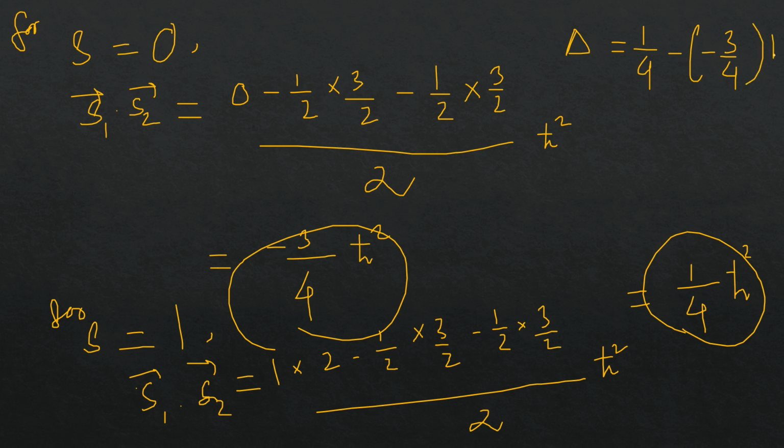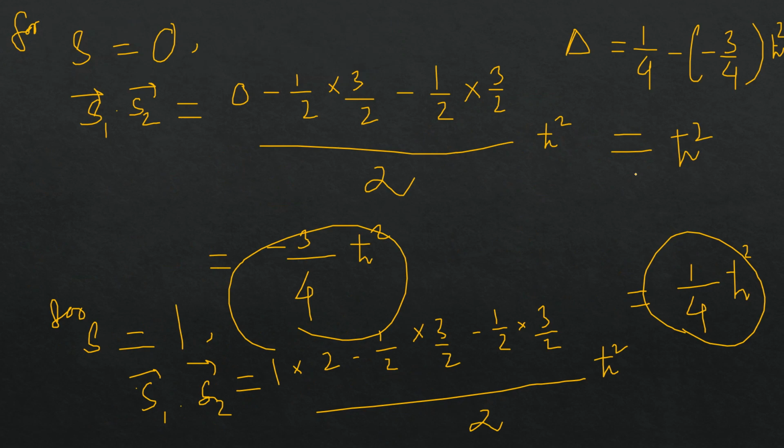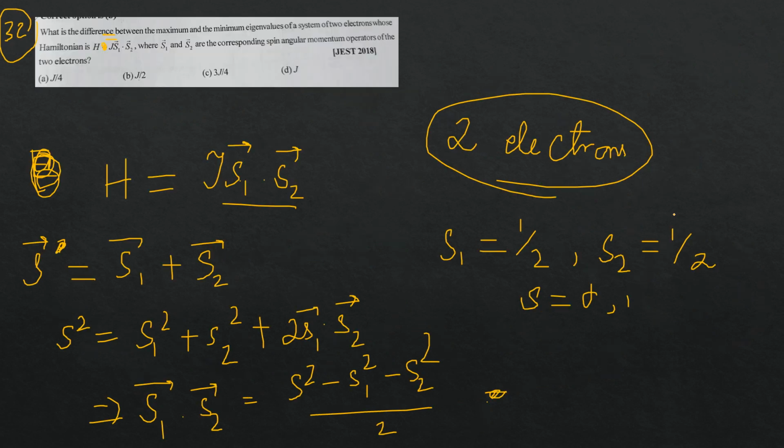So that is 1 by 4 plus 3 by 4, that is 1. So the answer is h cut square. Is it clear? It's a very simple question. And J is there, right? So we can write J h cut square. And I think they have taken h cut square as 1. In many questions they take h cut square as 1.